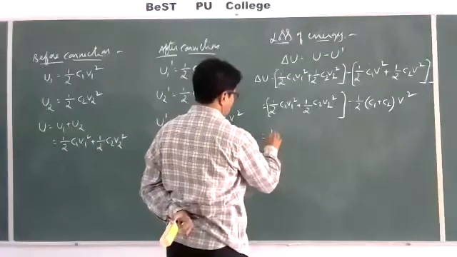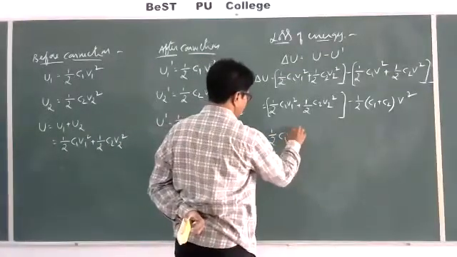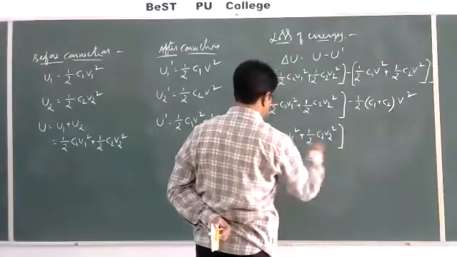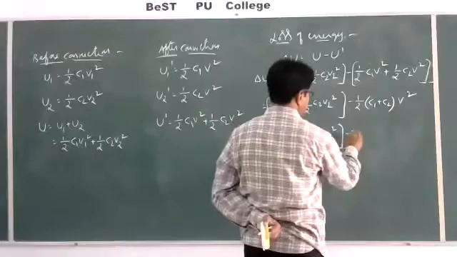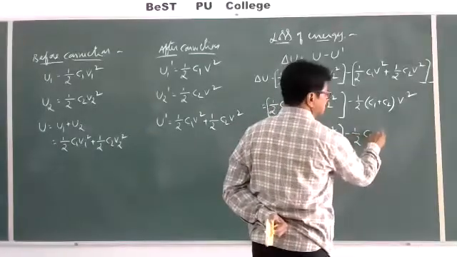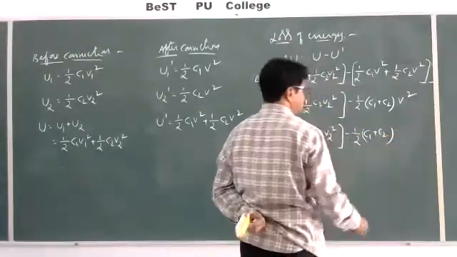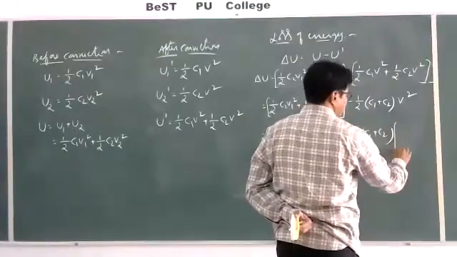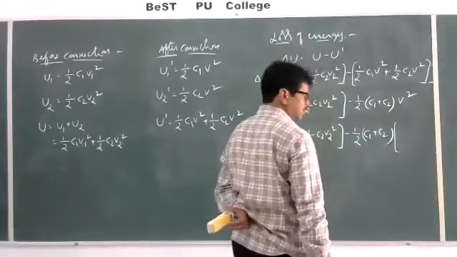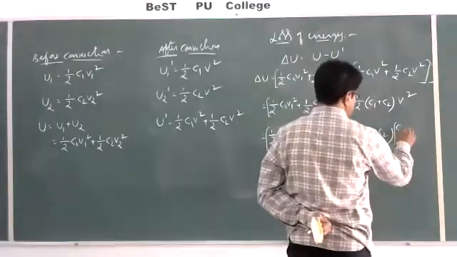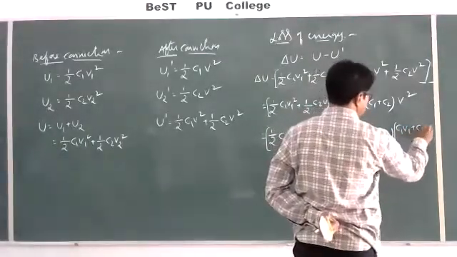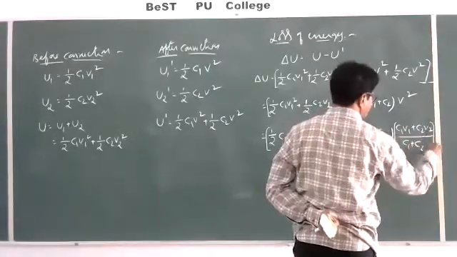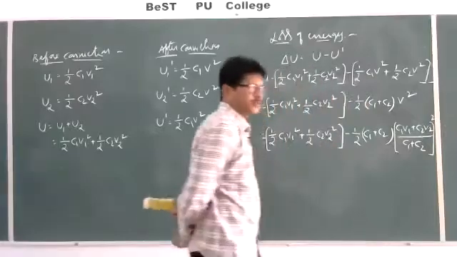V is the common velocity, common potential. What is the common potential? C1 V1 plus C2 V2 by C1 plus C2. Already we derived this formula for the common potential.